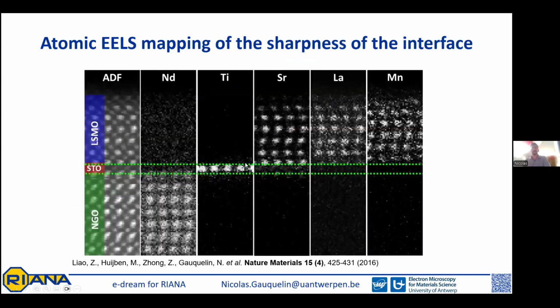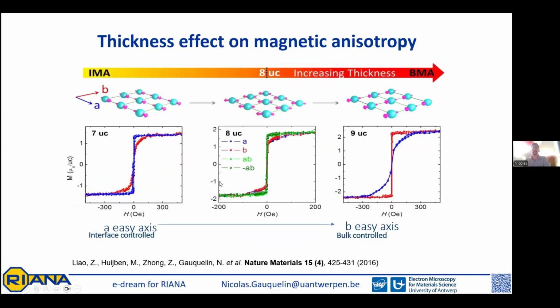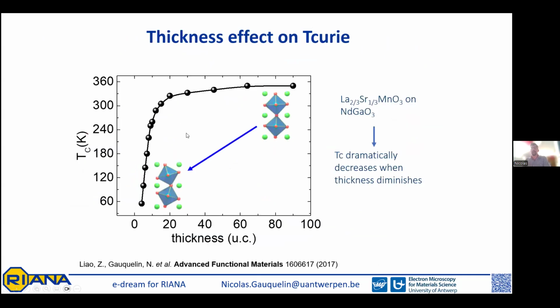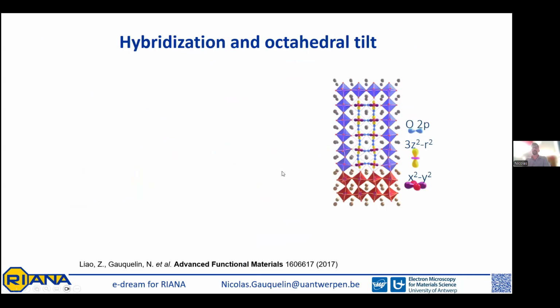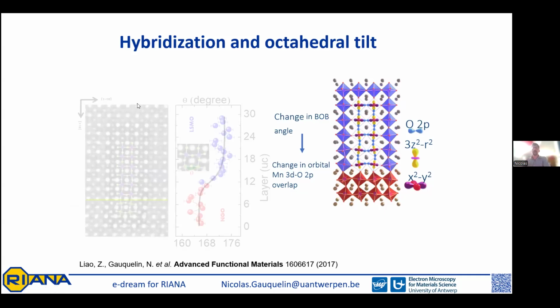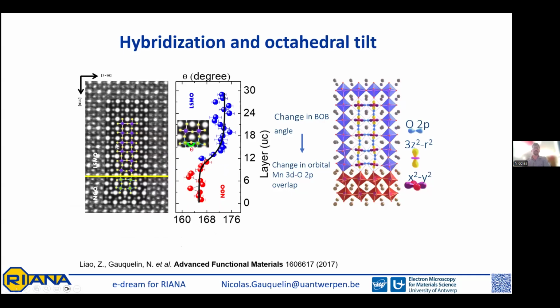And so here is an atomic map with EELS, but more into details. We could understand what was happening and the thickness effect on the Curie temperature of the material by looking at hybridization and octahedral tilt. Here, the change of the B-O-B bond angle is changing the orbital overlap of your manganese and your oxygen 2p. And this can be seen by the change of the angle. So here is an image in annular bright field where we see the oxygen sublattice, and we could determine the angle and the change of the angle at the interface.